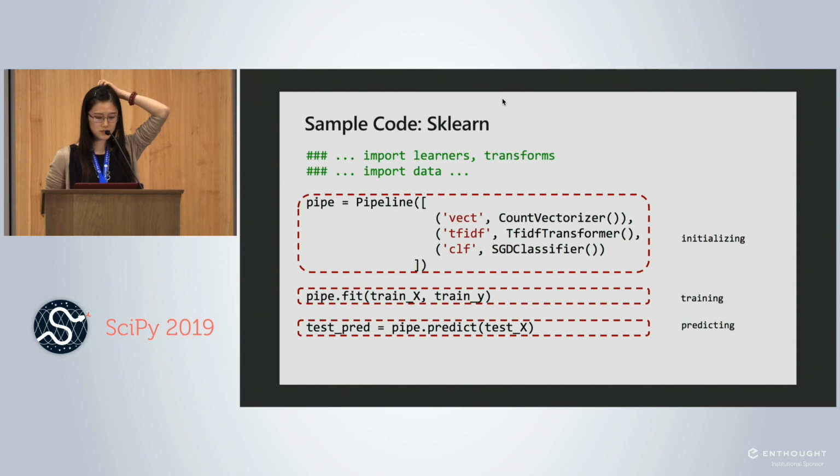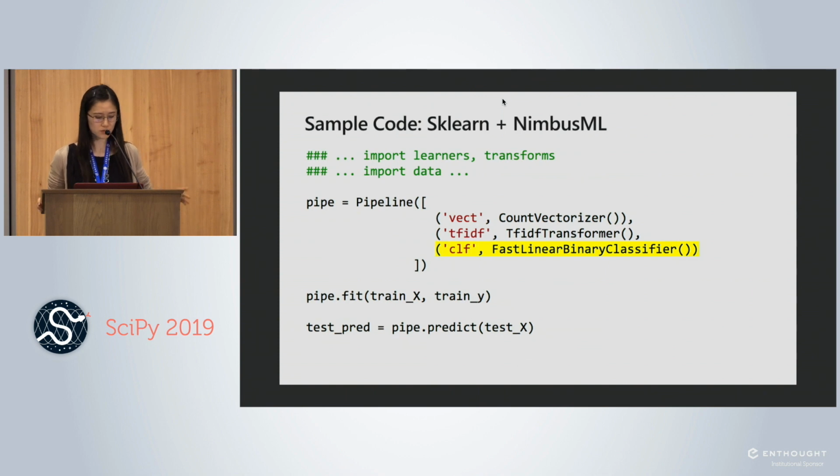And then you might want to say, now I want to add some NimbusML flavor into here. What we need to do is just swap out one line. We can replace a Scikit-learn learner with a NimbusML learner, which usually gets you much, much faster training speed, for instance, this fast linear binary classifier.